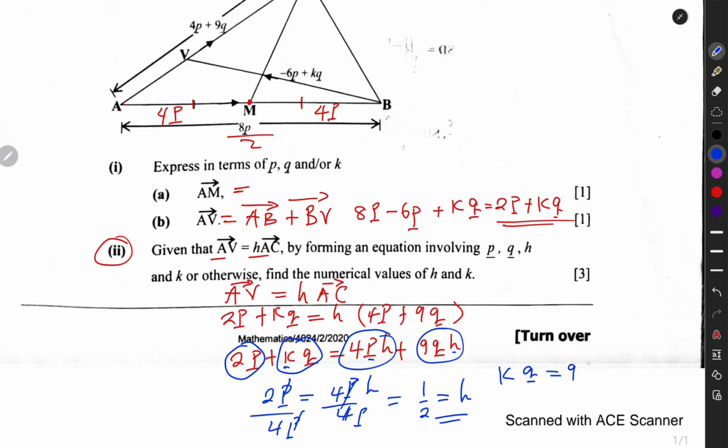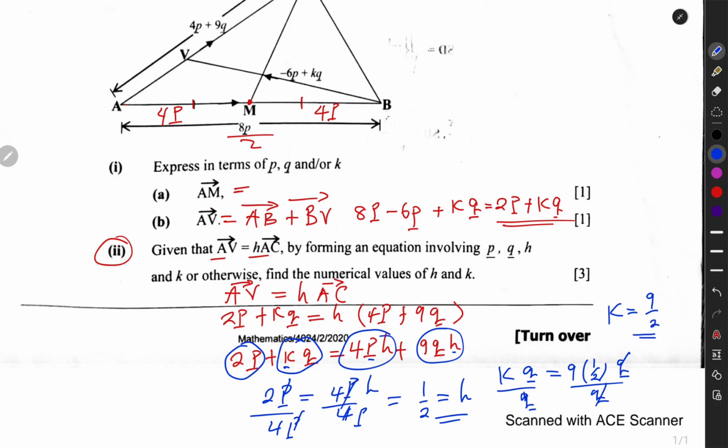I should have started with H, then Q. So 1/2, then Q. What we want is to find the value of K, so divide by Q, divide by Q. K is equal to 9 multiplied by 1/2, which is 9/2. So that is the value for K.